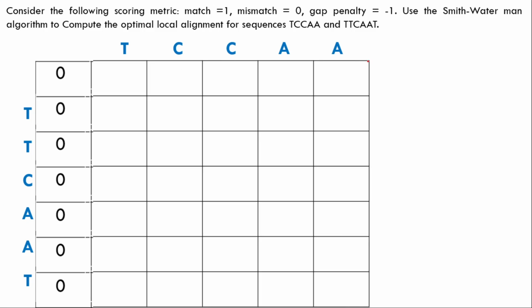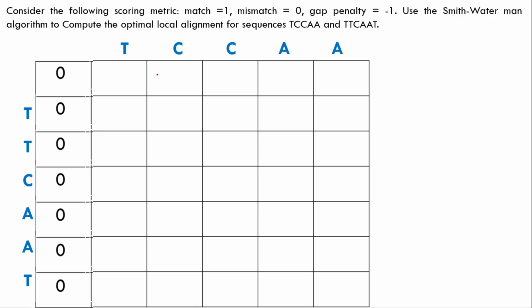Just like in the Needleman algorithm, I have to put one extra row and one extra column. In the matrix initialization, what you did in the Needleman algorithm is you put 0 and you keep adding the value of the gap penalty, right?